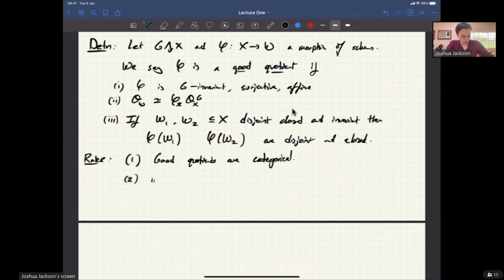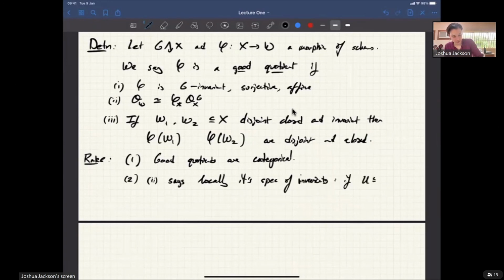Yeah. So just to write down what I said in words before. Part 2 of the definition says locally it's spec of invariants. So let me say what that means in a little bit more detail. If I have some open affine U, which is say spec B inside W, the fact that the map is affine will allow me to take the pre-image of this and get something which is affine.